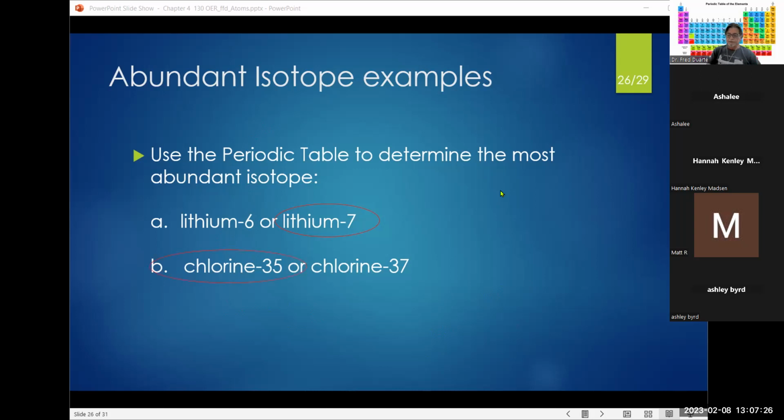I can't overemphasize this: chlorine-35 and chlorine-37, both of them have 17 protons, 17 electrons. Where they differ is the number of neutrons, okay? So you can take that 35, subtract 17, that gives you the number of neutrons. Take 37, subtract 17, that gives you the number of neutrons for chlorine-37.